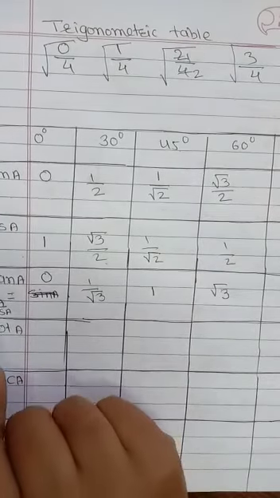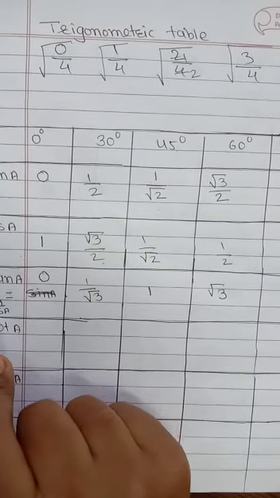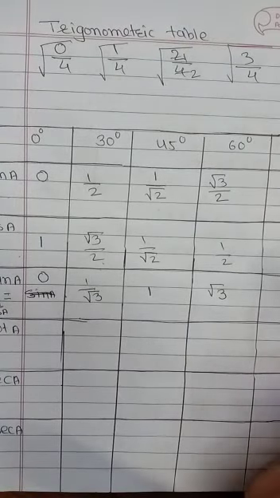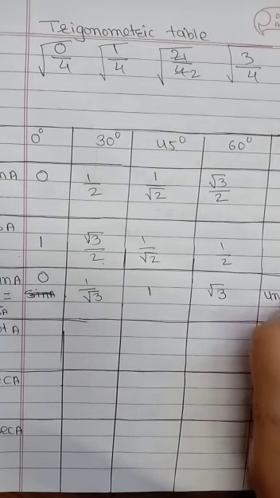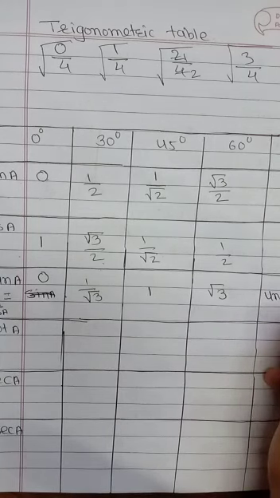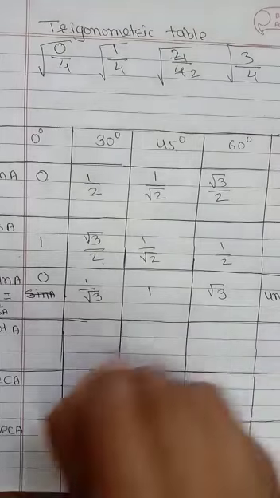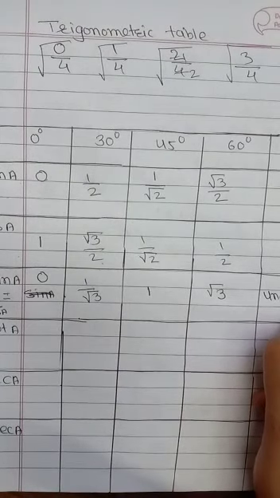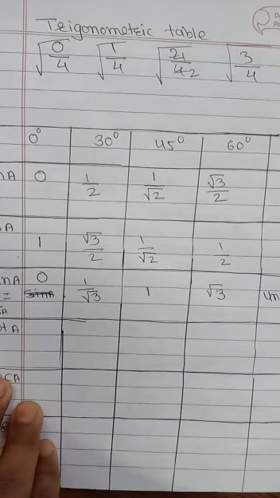Now this is very important: to calculate tan of 90 degree, tan 90 can be calculated by sin 90 by cos 90, but cos 90 is 0. 1 by 0 is an undetermined term, hence here we are writing undetermined term, or for this we can write infinity. This is the symbol used to represent undetermined terms.